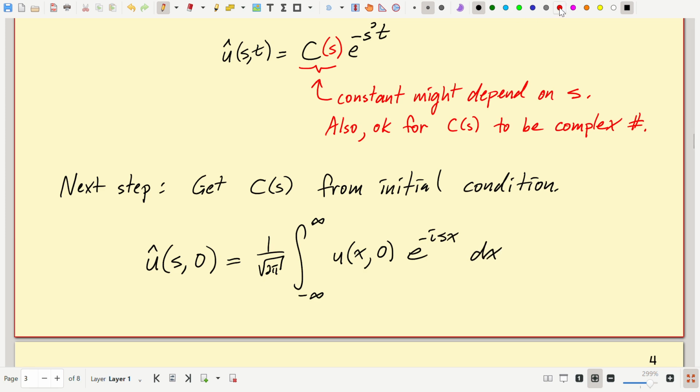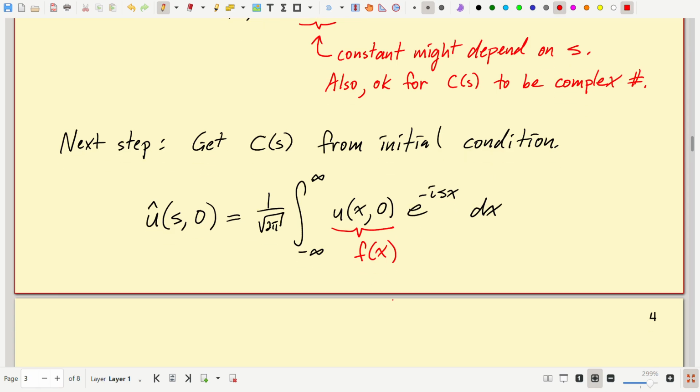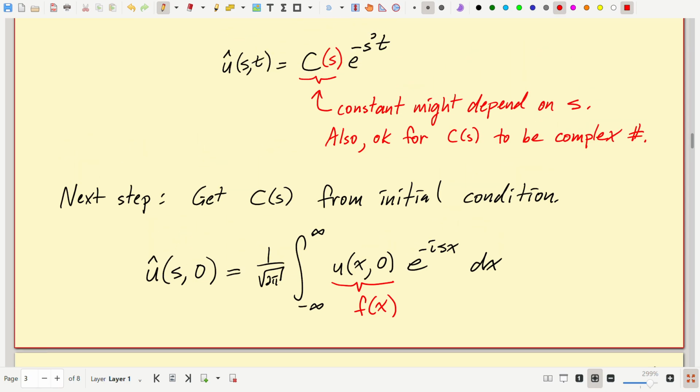And at time equals 0, this is f of x. But let's see, if I look at that formula there with the red C of s, u hat of s at time 0 is C of s. Right? Because e to the something times 0 is 1. So in fact, this is C of s.